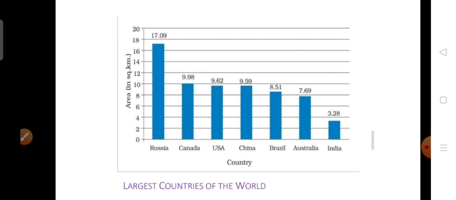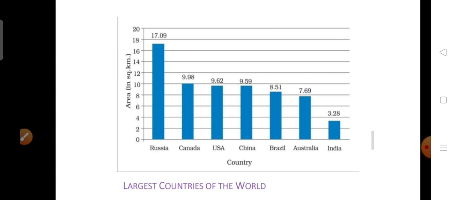Canada is 9.98 million square kilometer and holding second position. USA is on the third position with 9.62 million square kilometer. China is on the fourth position with 9.59 million square kilometer. Brazil is on the fifth position, that is with the 8.51 million square kilometer. Australia is holding the sixth position, that is 7.69 million square kilometer.